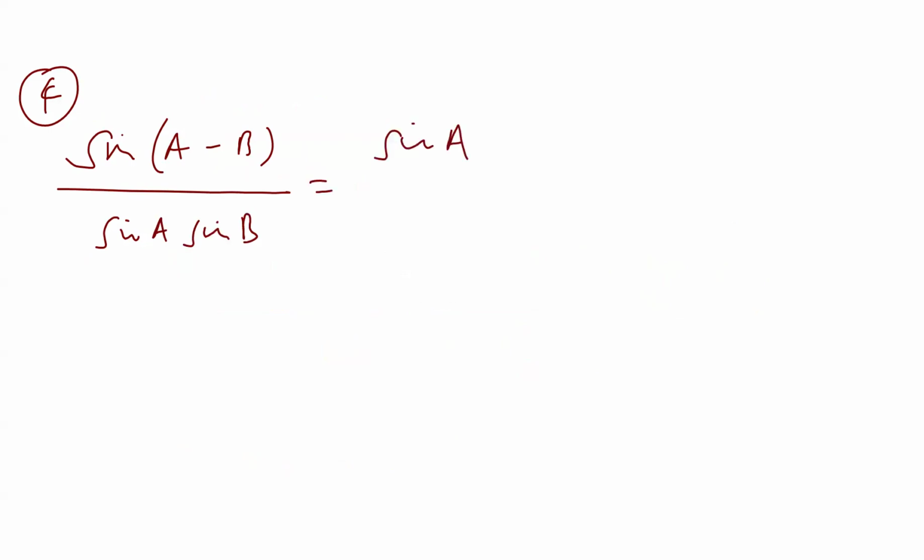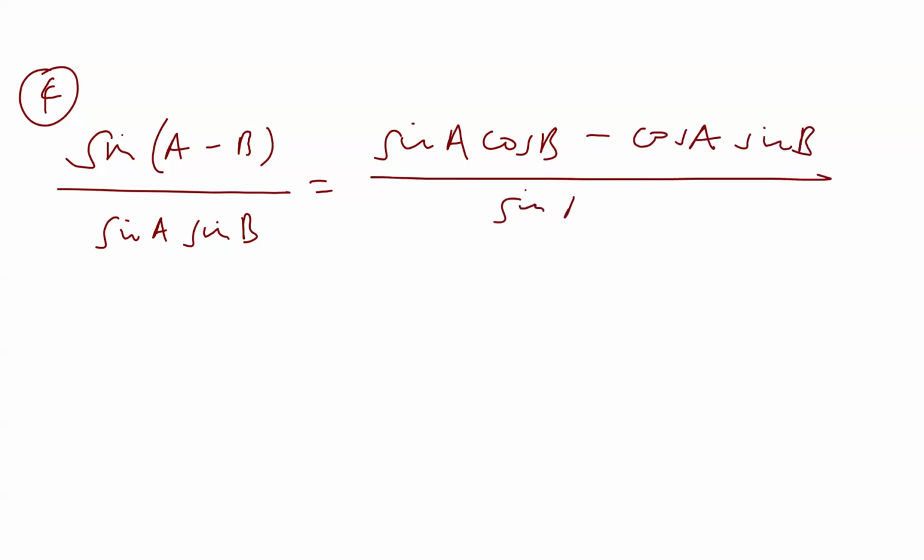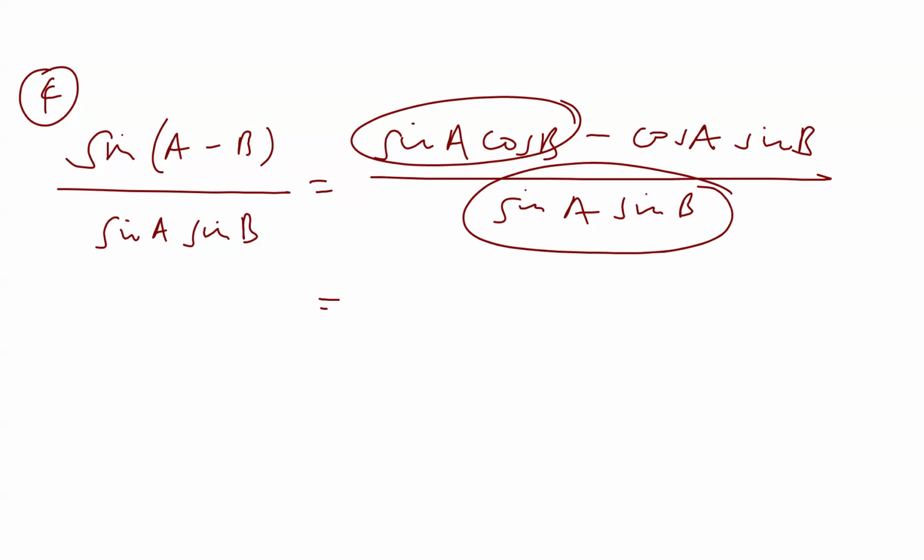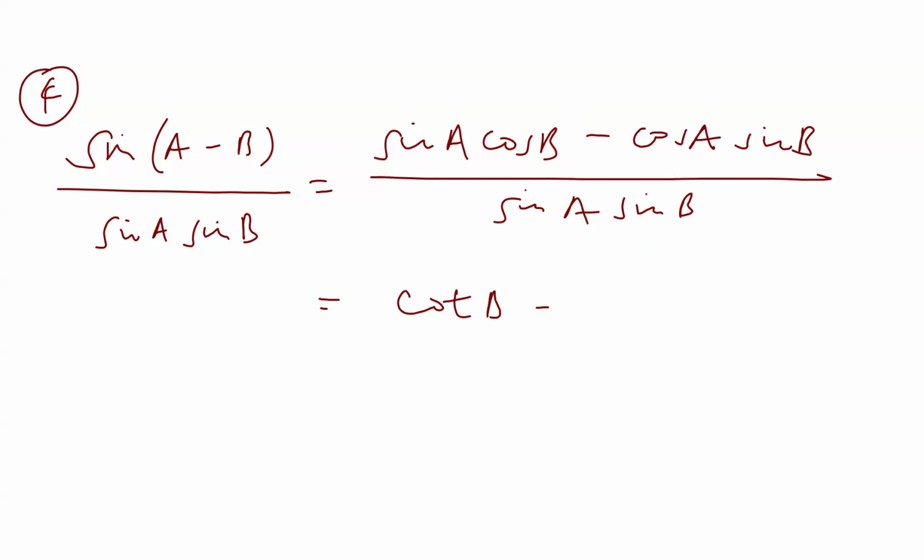So sin A minus B upon sin A sin B equal to sin A cos B minus cos A sin B upon sin A sin B. So this upon this, sin will get cancelled. Okay, so this is cot B minus this upon this.